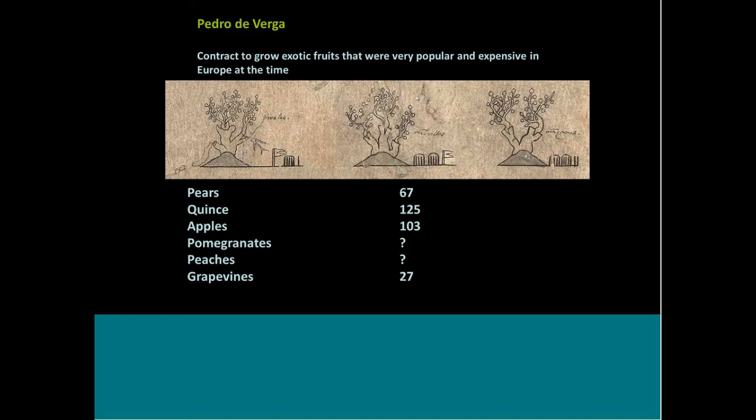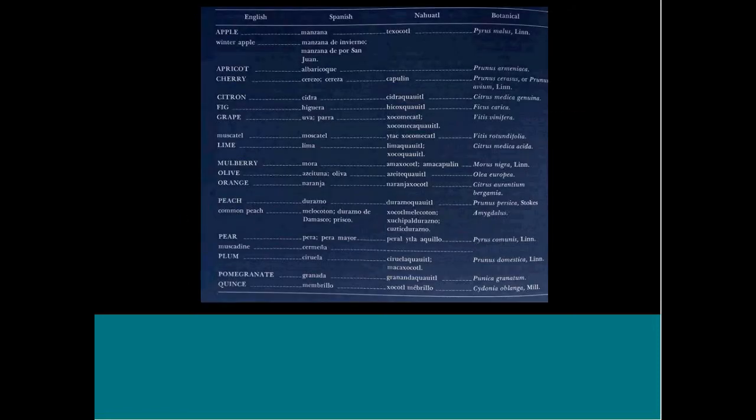Many of the words that we see on the manuscript here that talk about agriculture appear in Nahua, and some of them, of course, had to come later. So, in other words, they're later Nahua names. They're not Nahua names that predate the conquest.